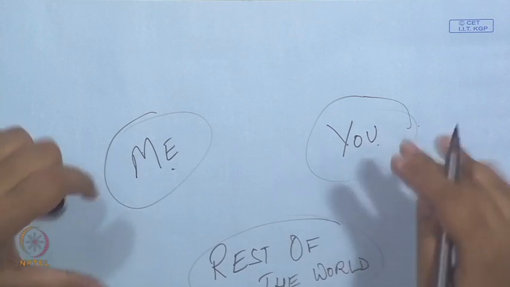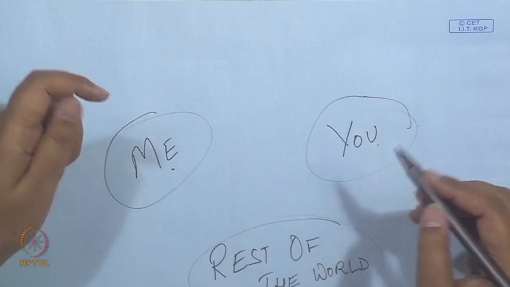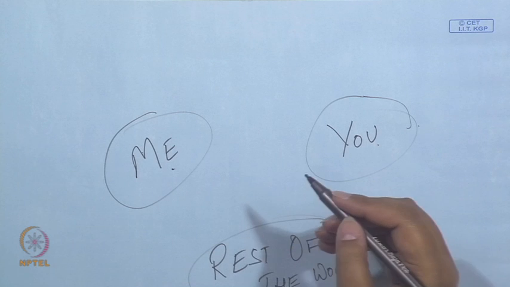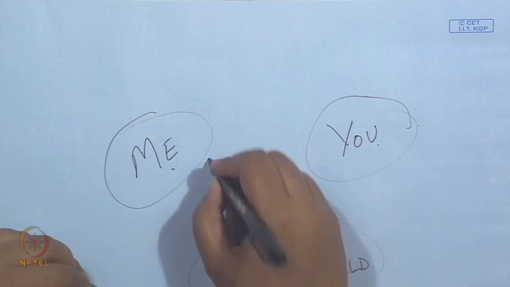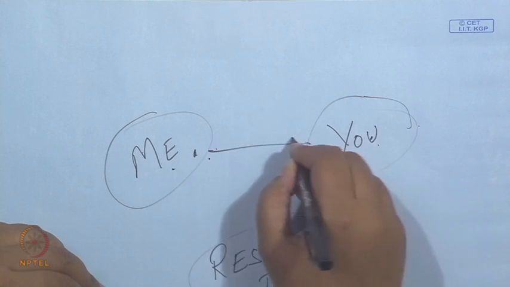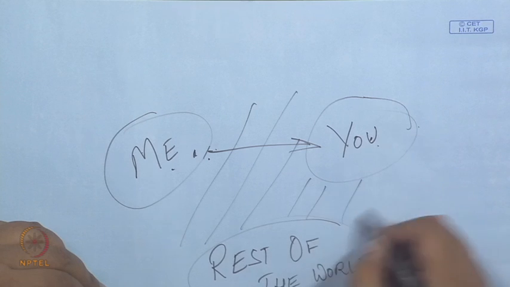And of course, we are part of the rest of the world, we are also connected with the rest of the world. Now, Buber says that the interaction does not happen here or just here, it happens somewhere in this space.